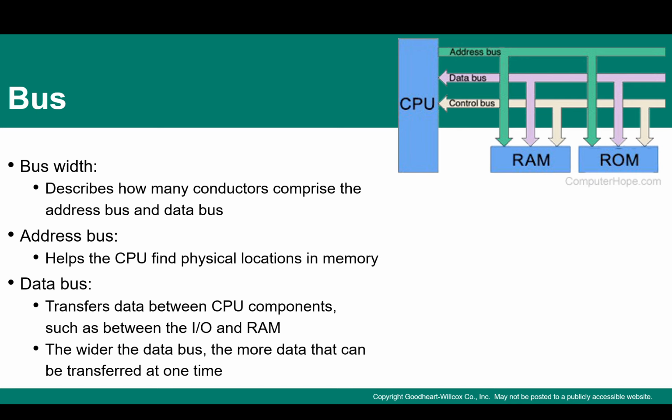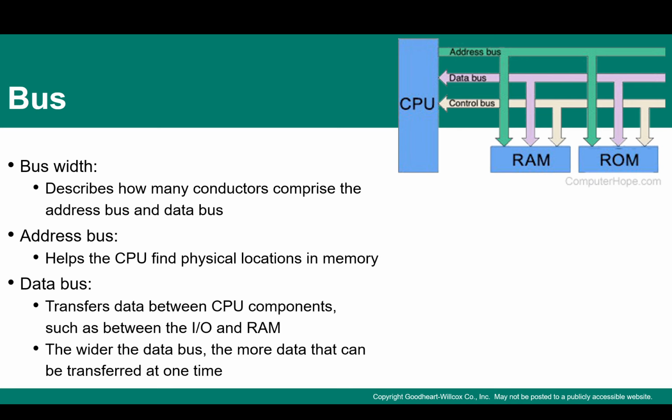So whenever the CPU tries to communicate, it knows which address to send information to or receive it from. The bus width describes how many conductors comprise the address bus and data bus. The size of the address bus can be 8, 16, 32, 64, or 128, and similarly the data bus can be 8, 16, 32, 64, or 128.